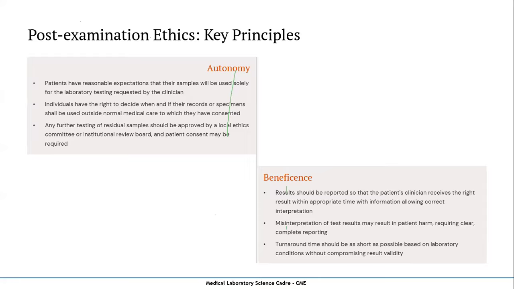It shouldn't just make sense to the one who is performing the test, but the clinician who requested the test should also understand what is entailed in the report. Turnaround time should be as short as possible based on the laboratory conditions, but we should not compromise the validity of the results.